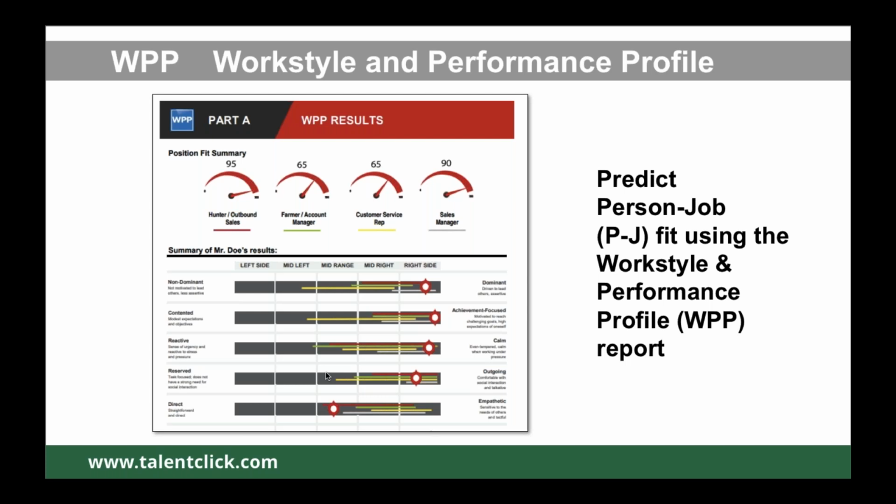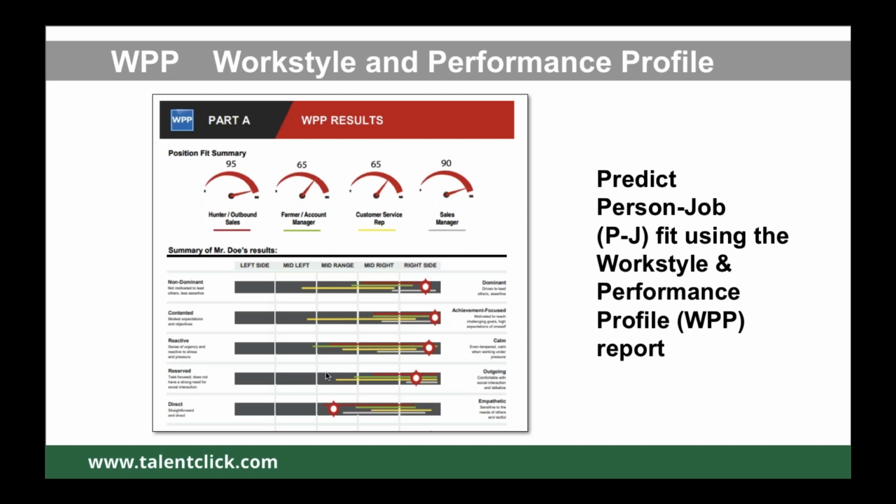You'll see that very first dimension there is someone dominant or non-dominant. That's more about being a leader. You might have someone who doesn't want to lead a sales team. They might just want to be an independent producer, and yet they've still got a very high achievement orientation. So that's what these scales at the bottom are, and I'm going to explain a bit more what those colored horizontal bars mean. Those are benchmarking tools.